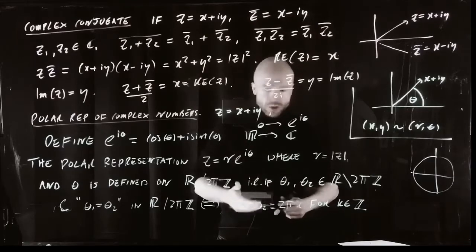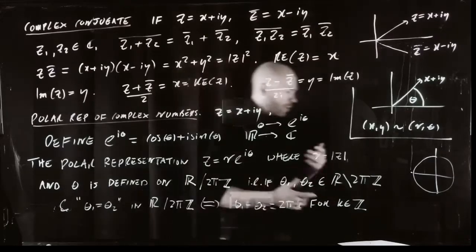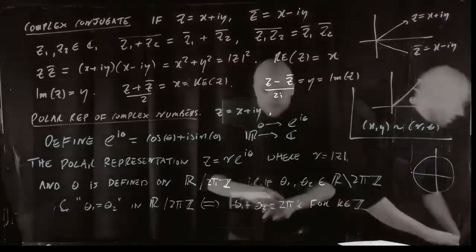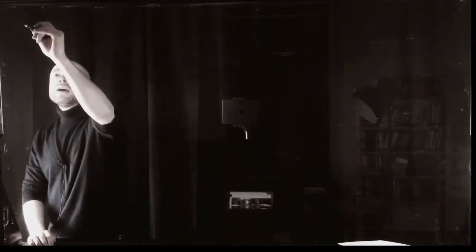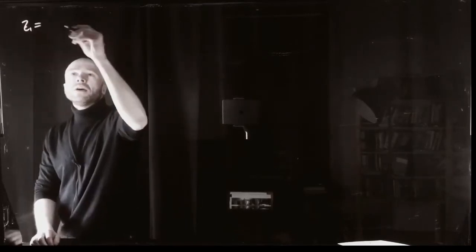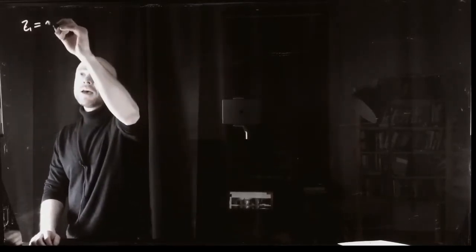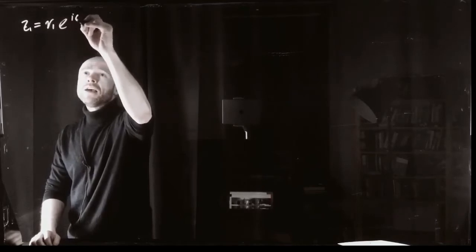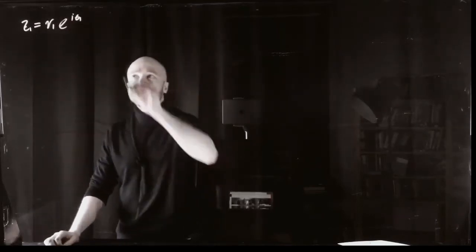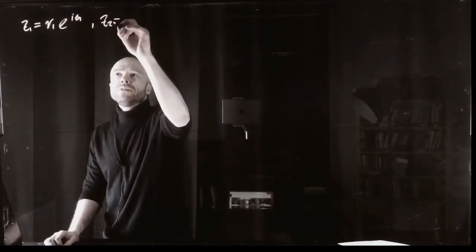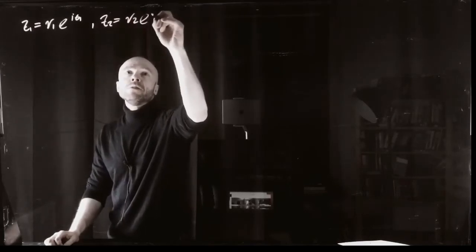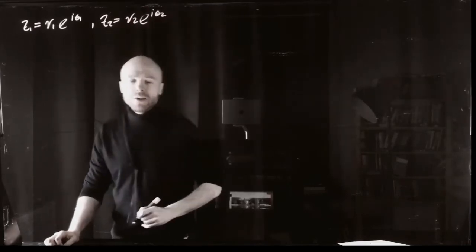Okay, so what is cool about the polar representation of complex numbers? What is cool about this polar representation is that it allows us to understand multiplication in a geometric way. So if we have z1, let's write it in its polar form: r1 e to the i theta 1, okay? And we have z2, which is r2 e to the i theta 2.